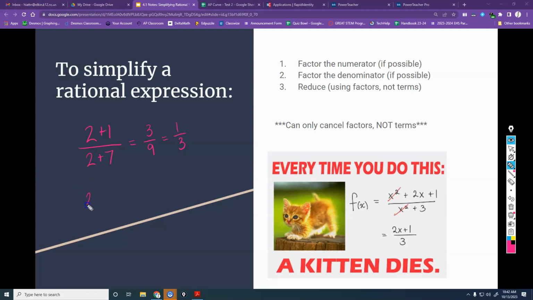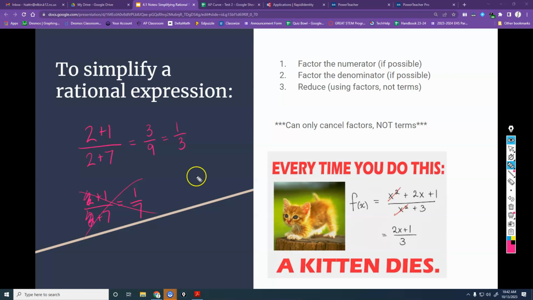What you cannot do, if you do something like this, where you just mark out things on top and the bottom, and you've got plus signs, that would be like me taking this 2 here and this 2 here and marking it out and saying this equals 1 over 7. That would be incorrect. We cannot do that.